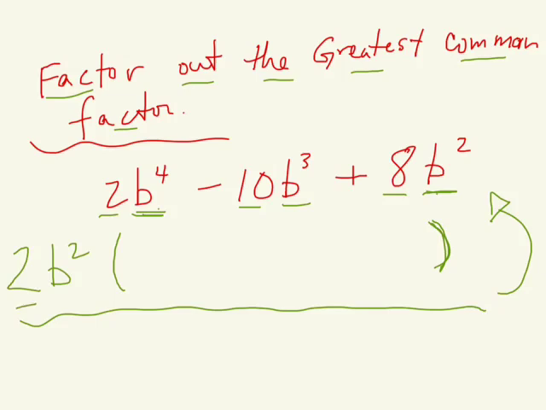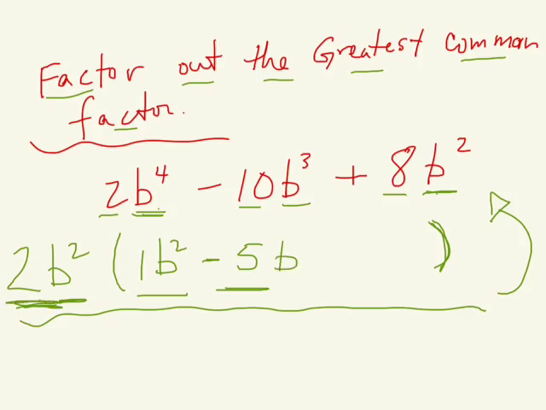So 2b squared times what is 2b to the fourth? Well, 2 times 1 is 2. B squared times b squared is b to the fourth. Okay, 2 times what is negative 10? Well, 2 times negative 5 is negative 10. And b squared times what is b cubed? B squared times b.